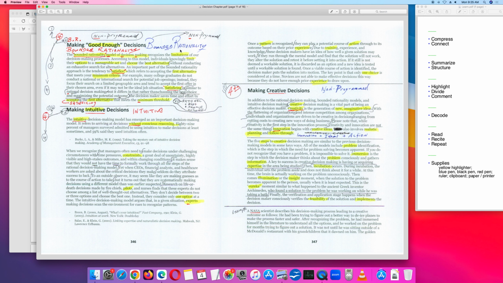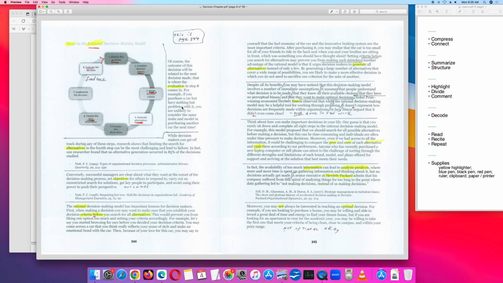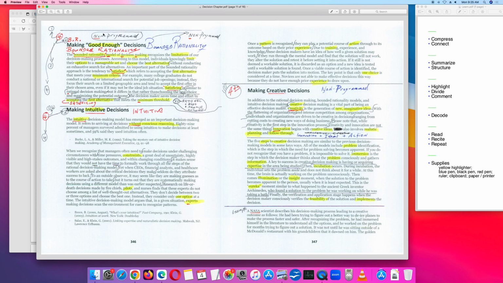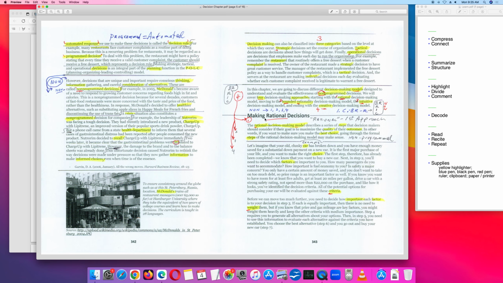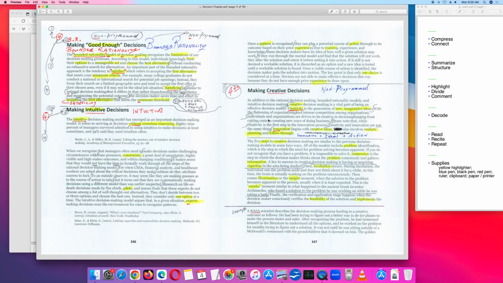So another thing too, and okay, now we're going back to page 346 and 347. Notice here I wrote a lot of comments. Here, going back to the brick analogy, so rational is the R in brick. B is bounded rationality.